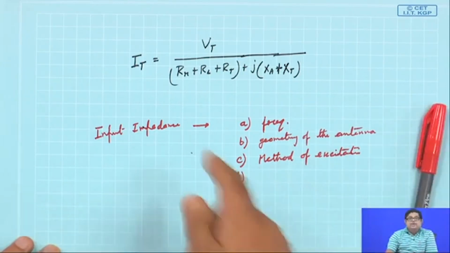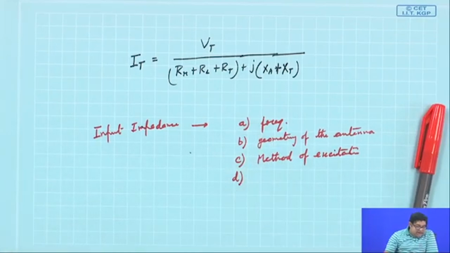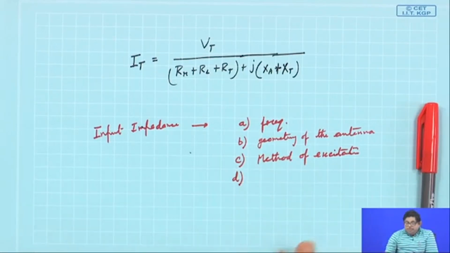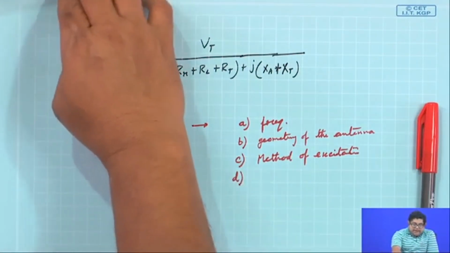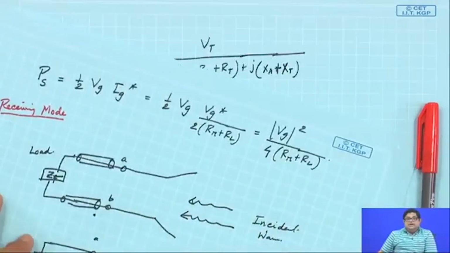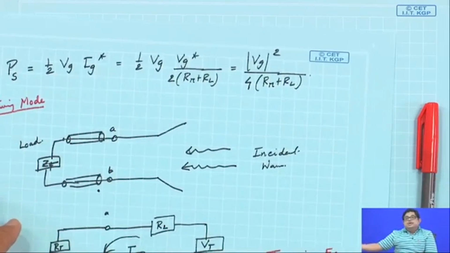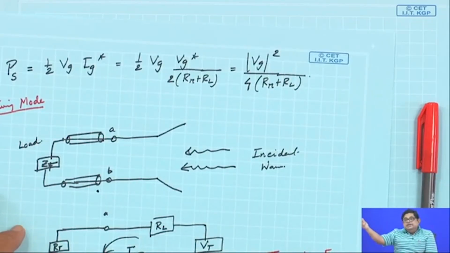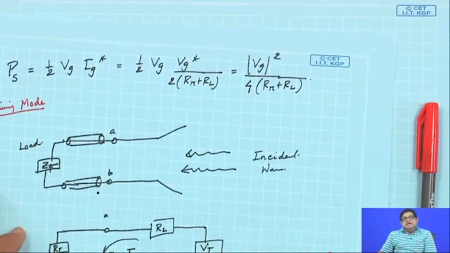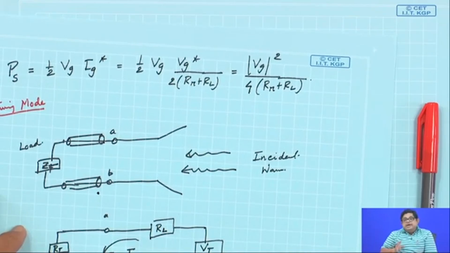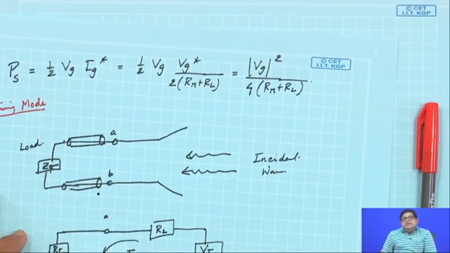Then here one thing we are not saying is that we are assuming that near the antenna there is no other structure, but in reality any conductor, any structure, even a dielectric structure nearby, will affect it, because the antenna is radiating a field.